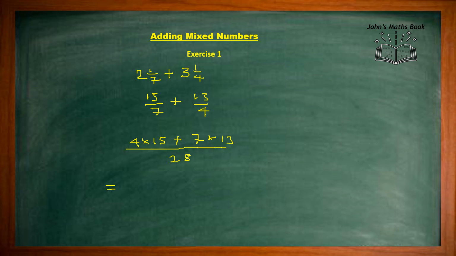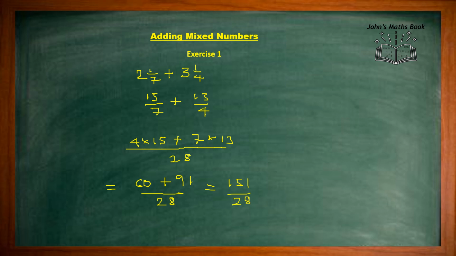So this equals 60, which is 4 times 15, plus 7 times 13, which is 91, divided by 28. And that equals 151, which is 60 plus 91, divided by 28.